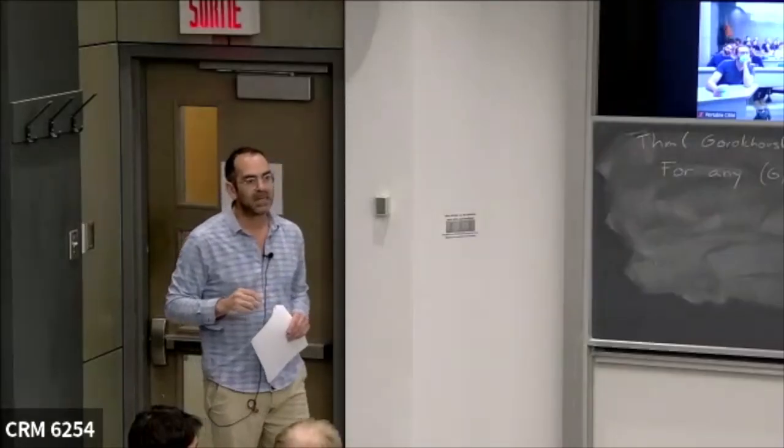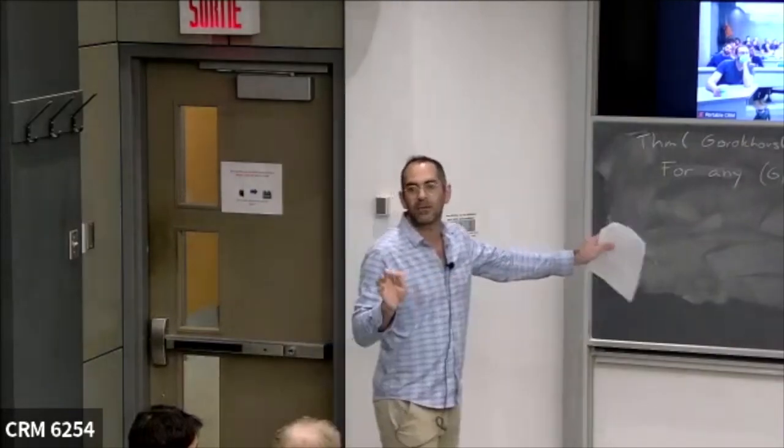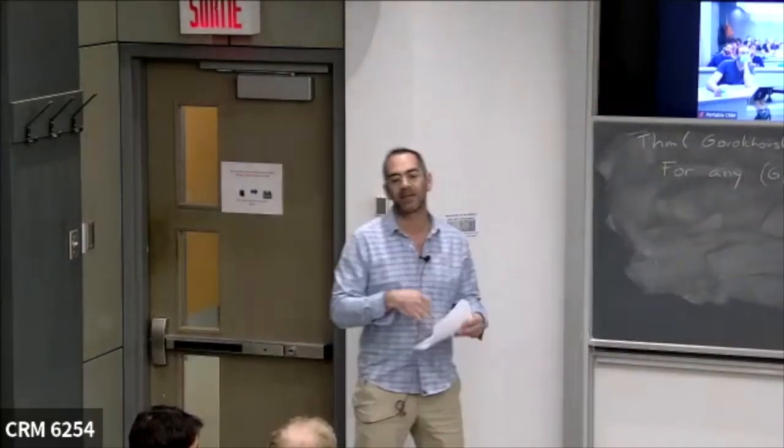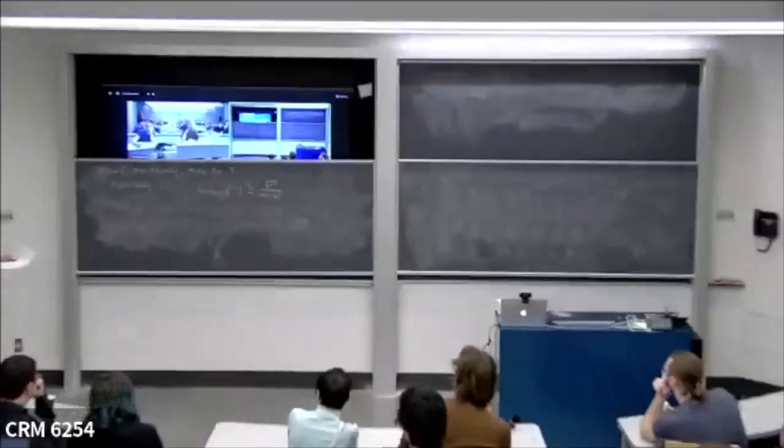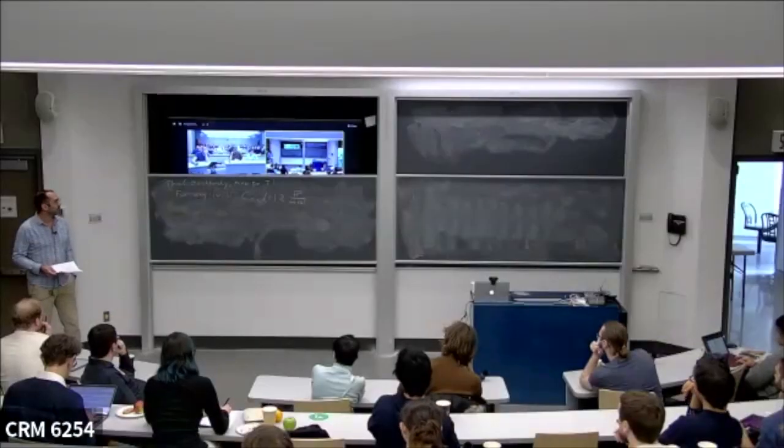This is the best we have for the free group, which means it's the same as the best lower bound that we have in general. Is the statement of this clear?